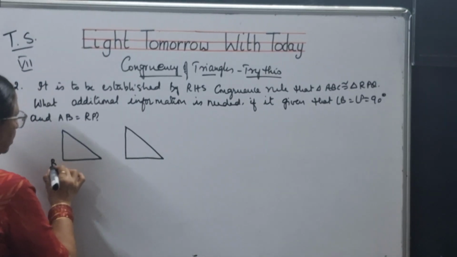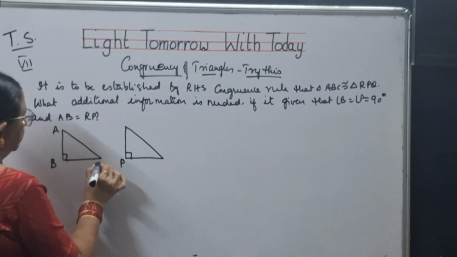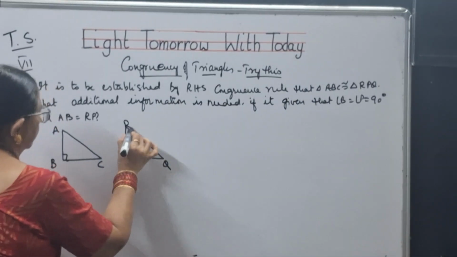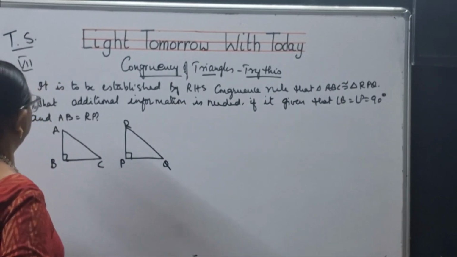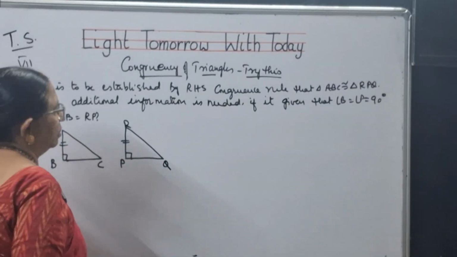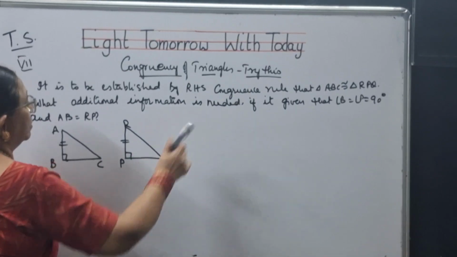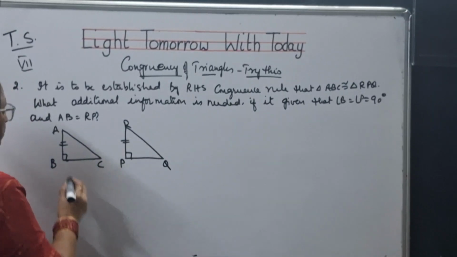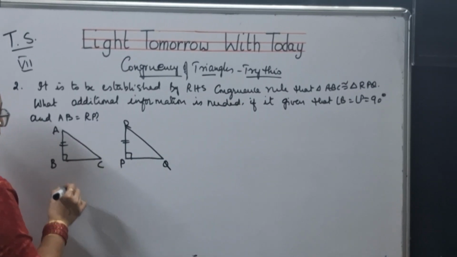Angle B is equal to angle P, 90 degrees. So, it is A, B, C and P, Q, R. Now, angle B is equal to angle P is equal to 90 degrees. AB is equal to RP they have given. Now the question is, what additional information is needed?